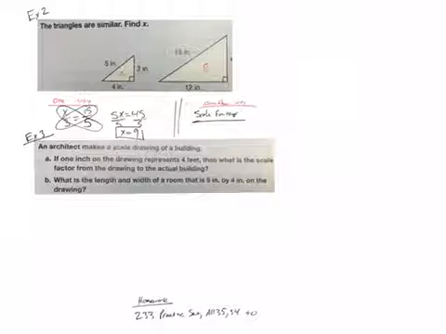A scale factor means a number that I would multiply by. So think about 4 times what is going to give me 12? Well, 4 times 3 gives me 12. And notice 5 times 3 gives me 15.